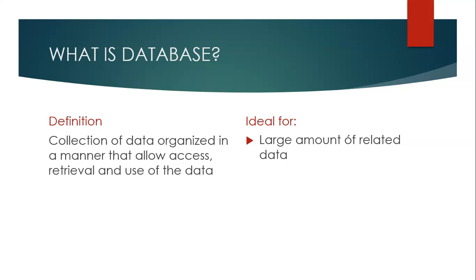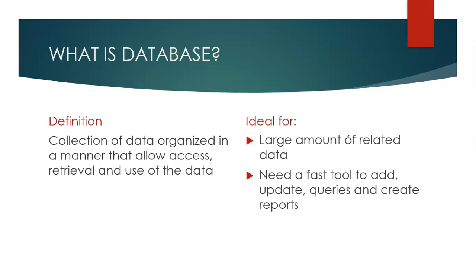For example, an employee database where the records or related data are on the salary, the personal details, the contact number. Those are related data. It's also very suitable when you need fast updating of the data, or a query on the data itself, and also in creating reports.